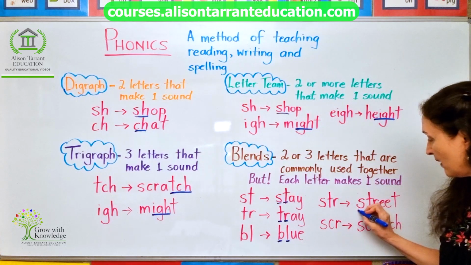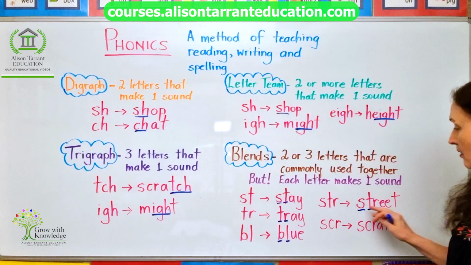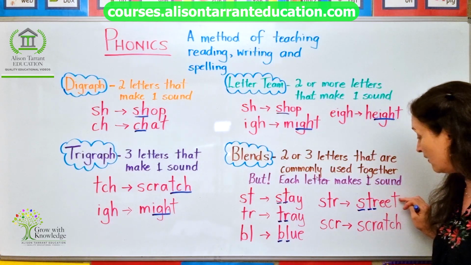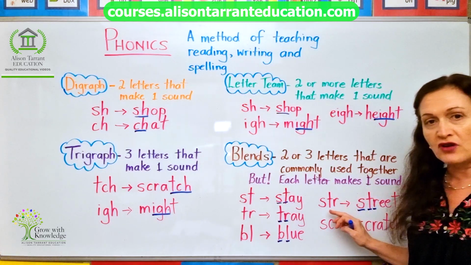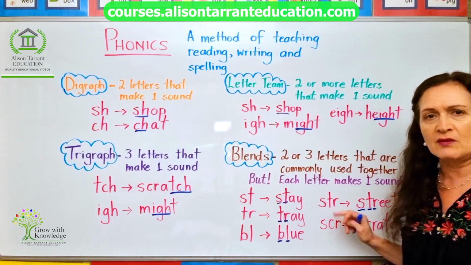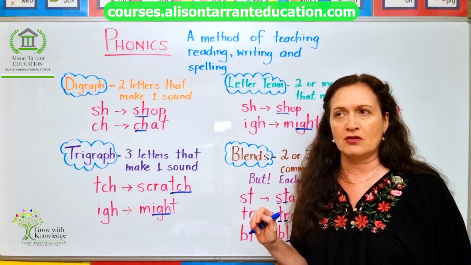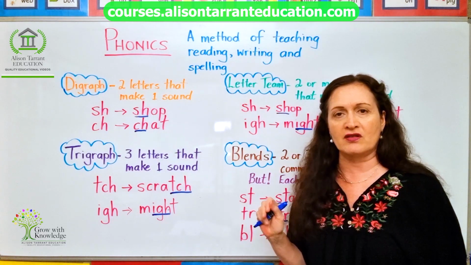So we have st, r, eet. Because a lot of children have trouble pronouncing this because they think it's 1 sound. They might say something strange like street, or st, or they don't really know what to say.